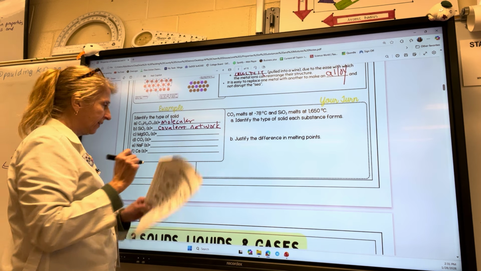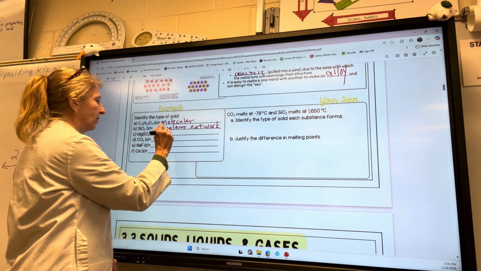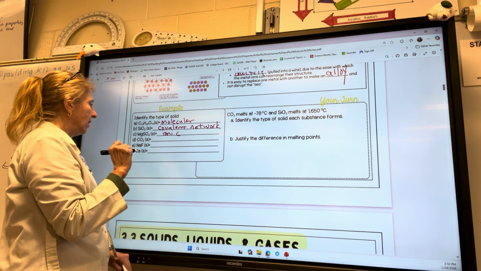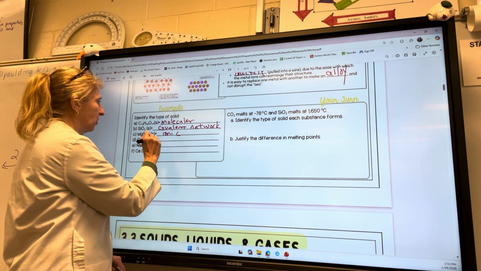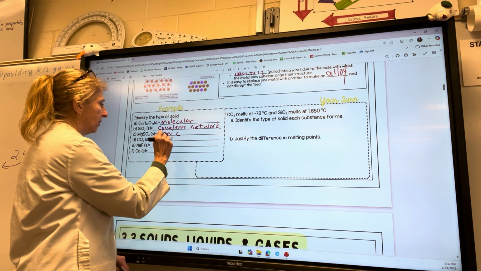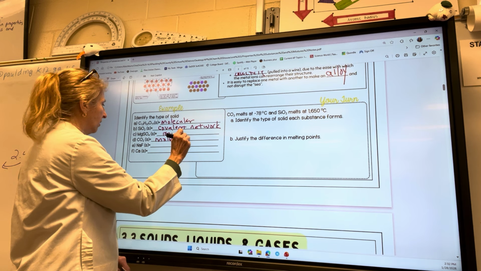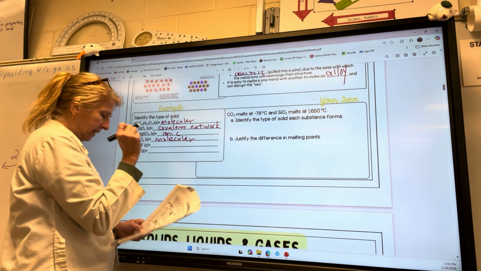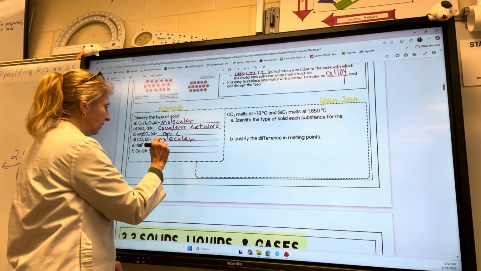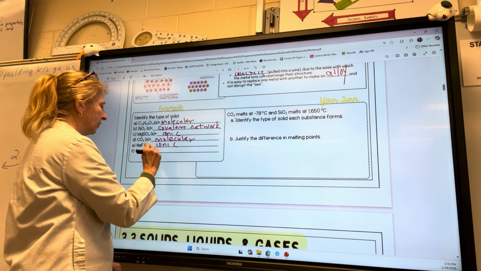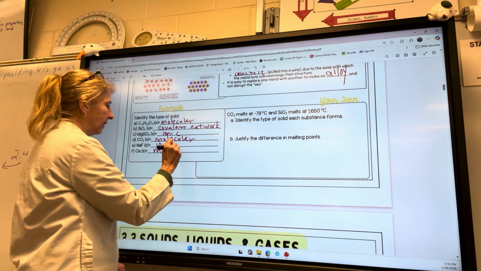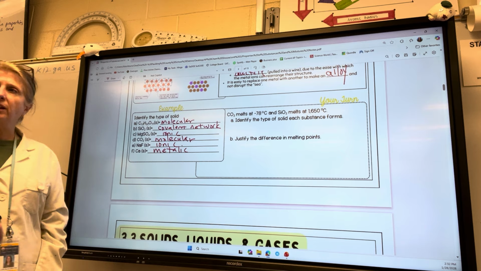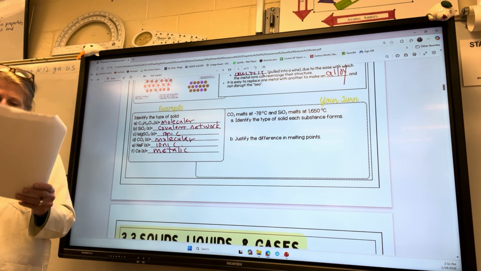Magnesium sulfate, that's ionic. Okay. Carbon dioxide is also molecular. Sodium fluoride is ionic. And calcium is metallic. All right, so we did all of that last time. Just look at it again.